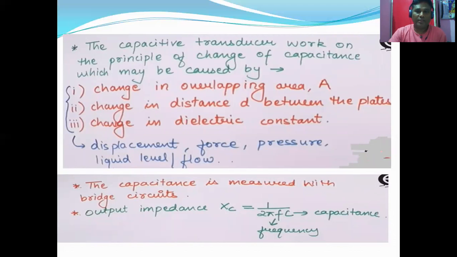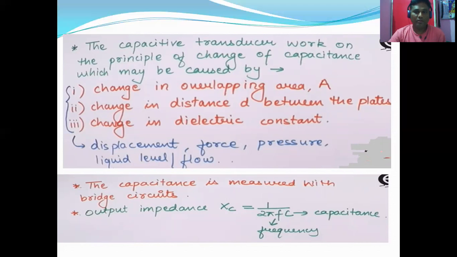The capacitive transducer works on the principle of changing capacitance, which may be caused by a change in the overlapping area capital A, changing the distance d between the two plates, or a change in the dielectric constant. Dielectric means the material occupying the space between the two plates, characterized by a constant.